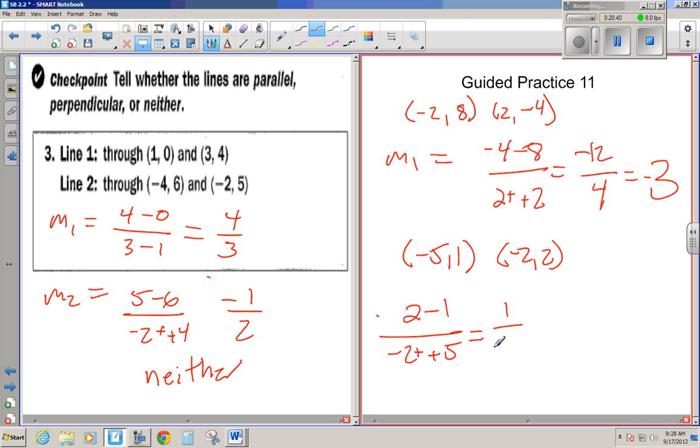So 2 minus 1 is 1. Negative 2 plus 5 is 3. So your slope is 1/3. And the other one is negative 3. So you should see right away, since they are opposite reciprocals, they are perpendicular.